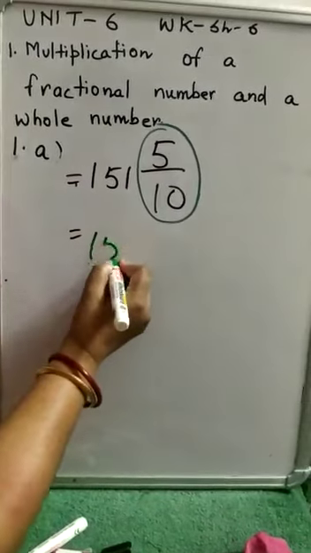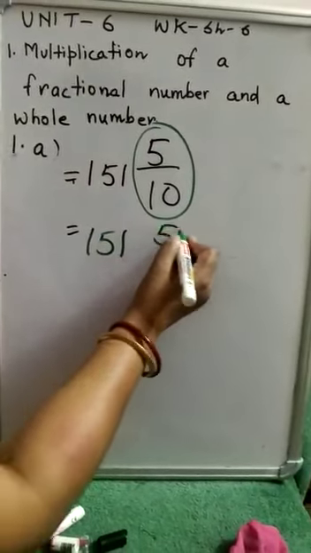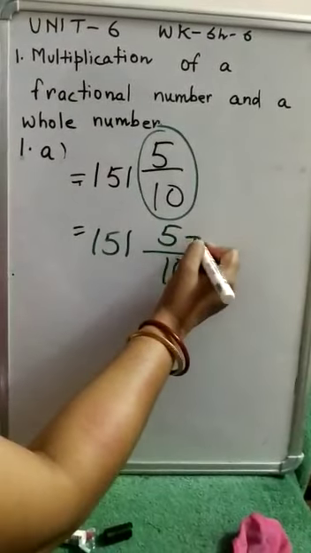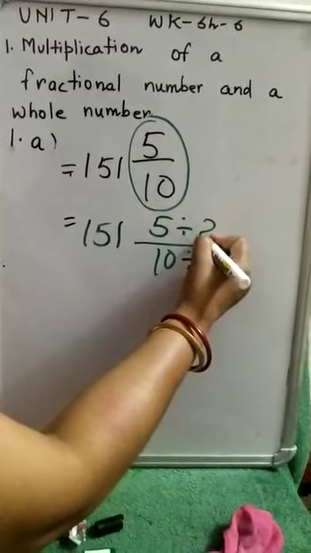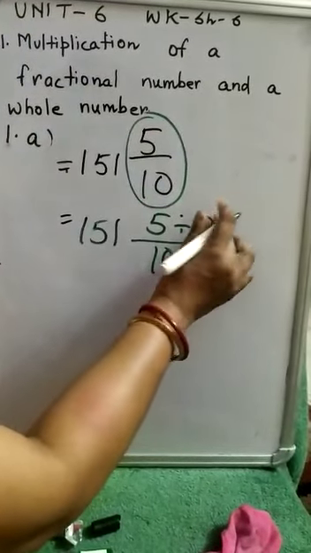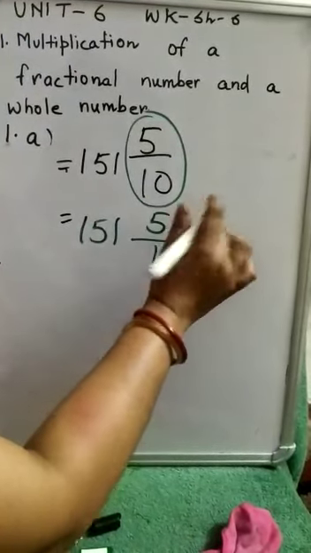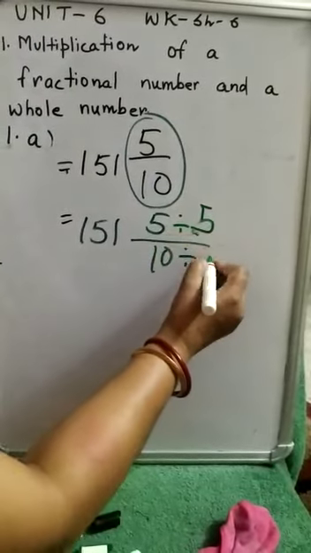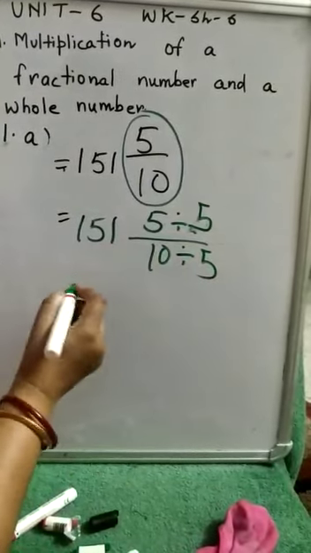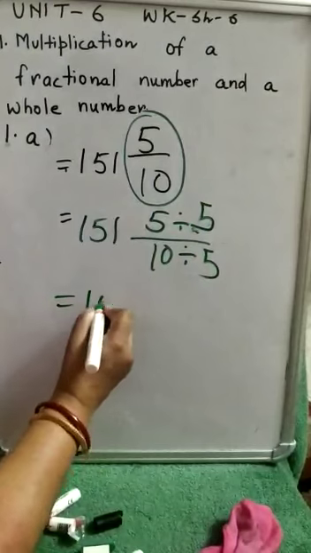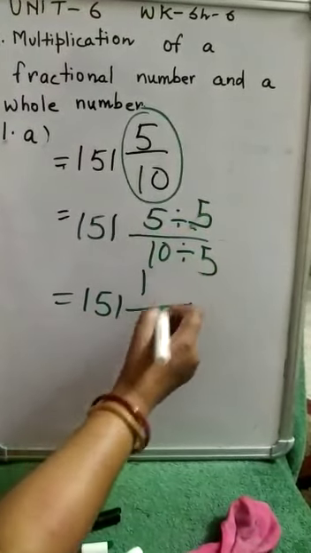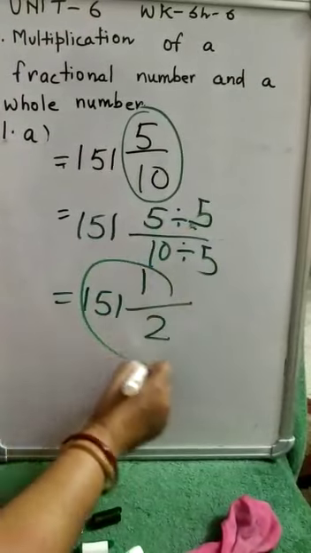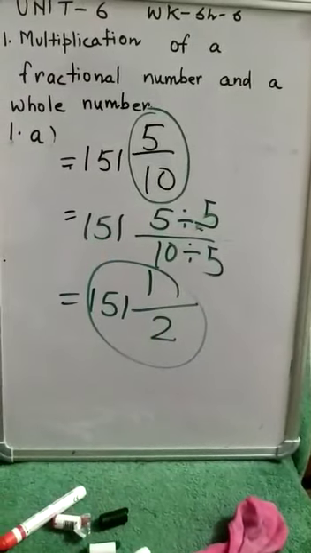So 151 and 5 by 10. Here it will be divided by the common factor, that is 5. So after division, 5 divided by 5 is 1 and 10 divided by 5 is 2. So the answer is 151 1 by 2.